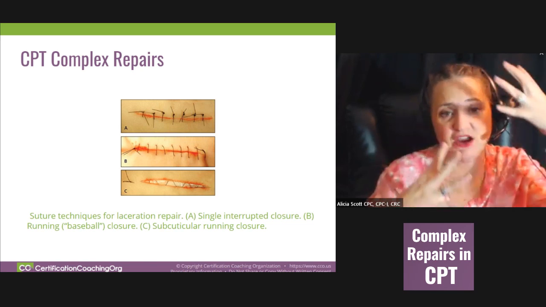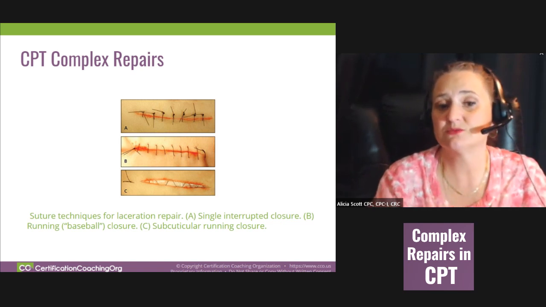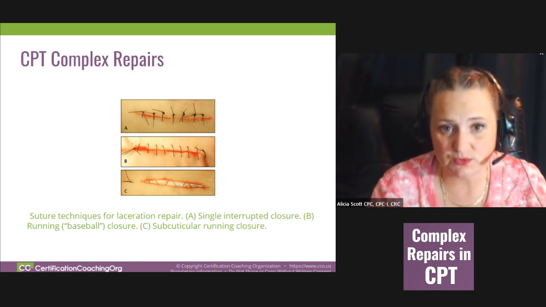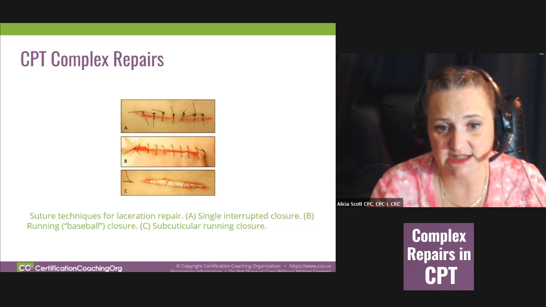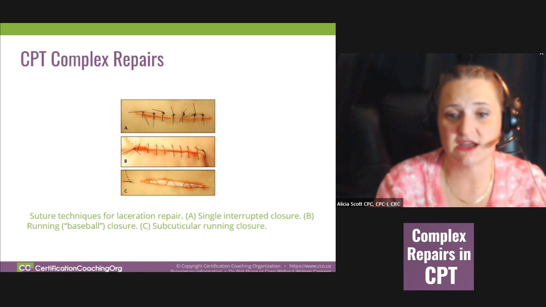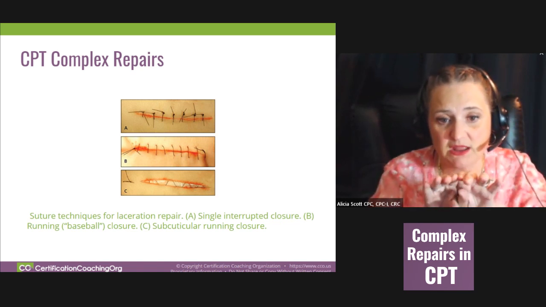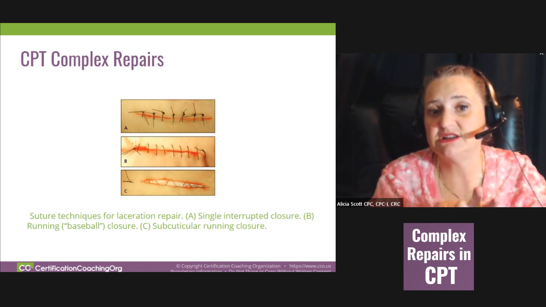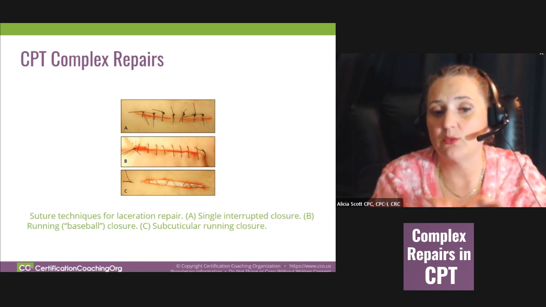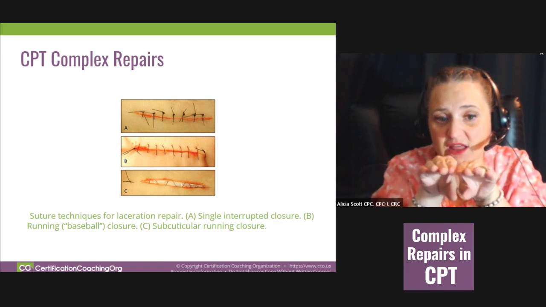And again, the geographic area on the body is going to tell what type of suture, as well as what type of wound the person has. For this running closure that is sub-Q, it's probably not a very deep wound, and we just need to pull the top layer together.